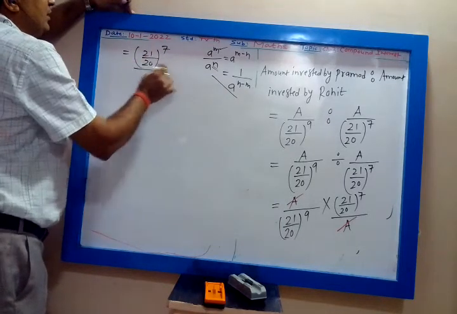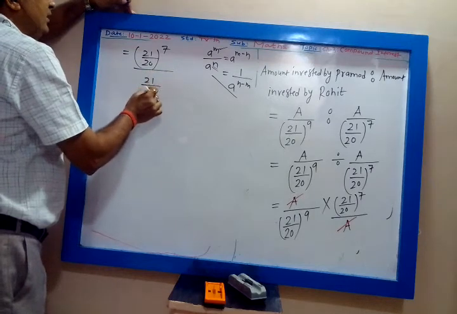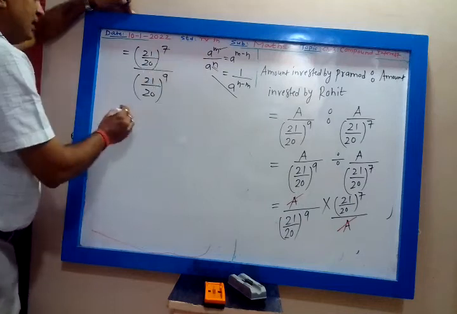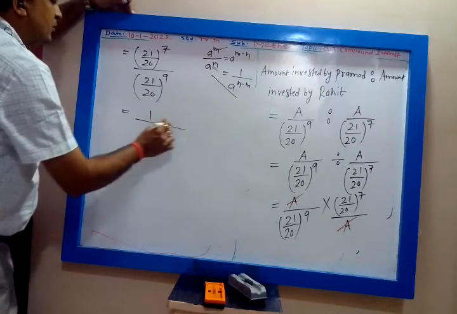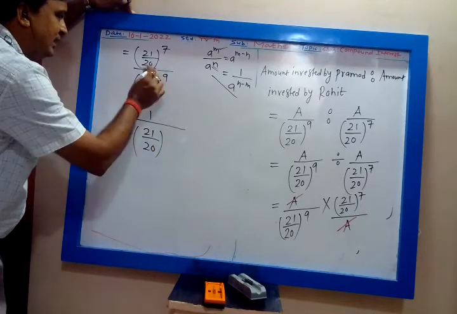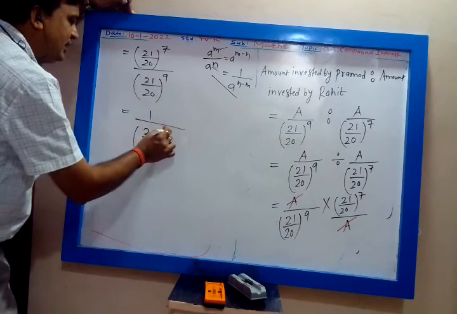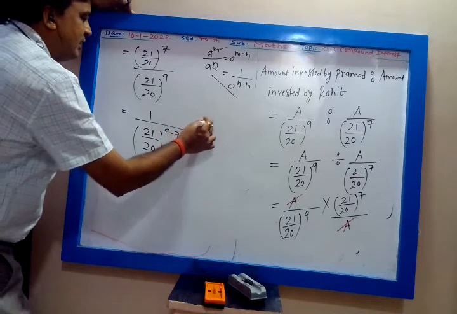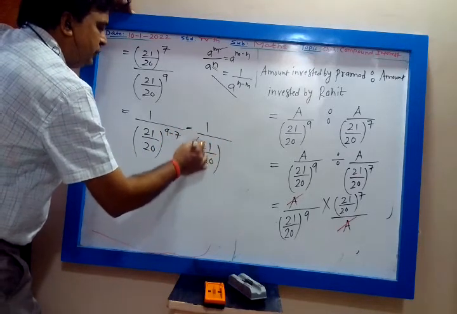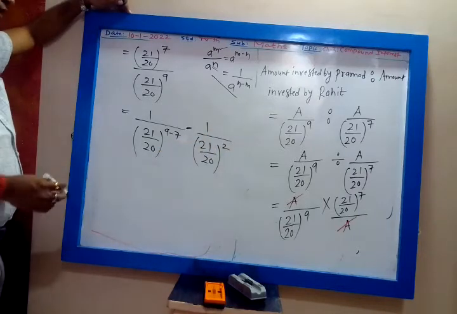Let me write one more step. Upon 21 by 20 raised to 9. Now which is bigger? N is bigger. So I will write 1 upon 21 by 20 raised to 9 minus 7. This 7 I will bring to the denominator, 9 minus 7. So that is 1 upon 21 by 20 raised to 2. Yes, clear?